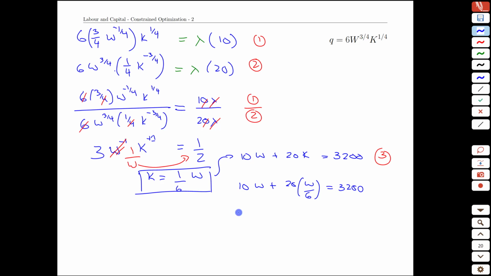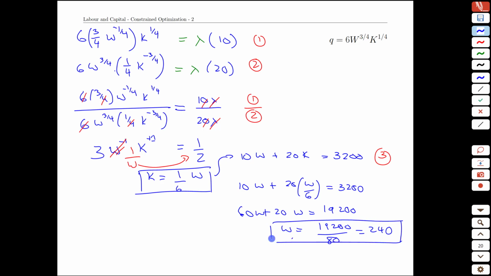We can multiply through by 6 to get 60 workers plus 20 workers, this times 6 is 19,200. And so W is equal to, there's 80 of those, 19,200 over 80. And we get 240. So the optimal number of units of workers that we want is going to be 240.